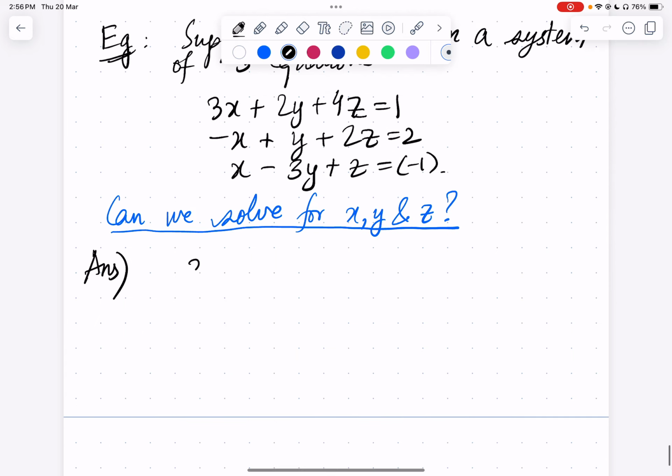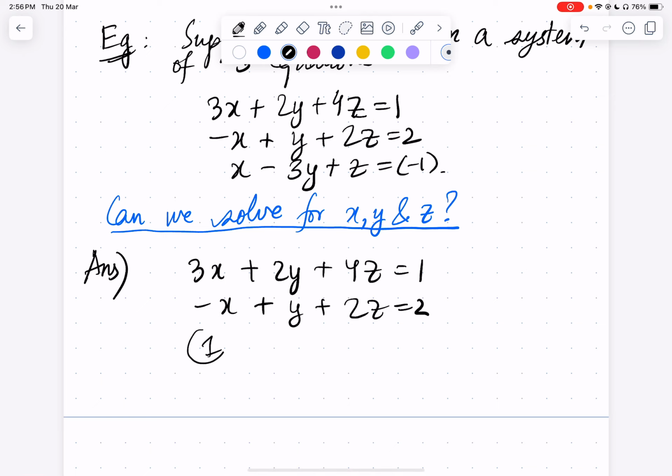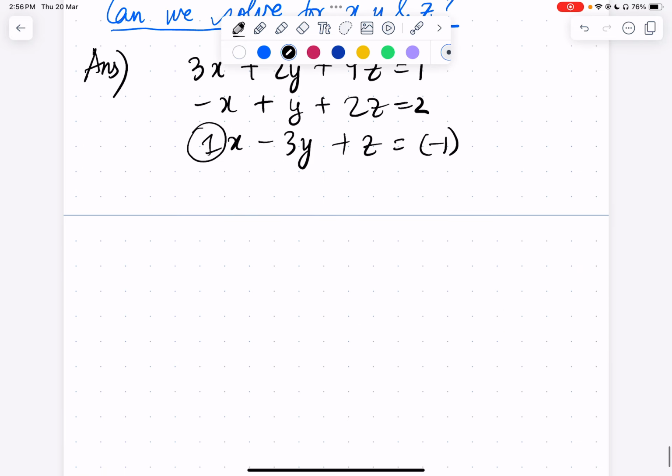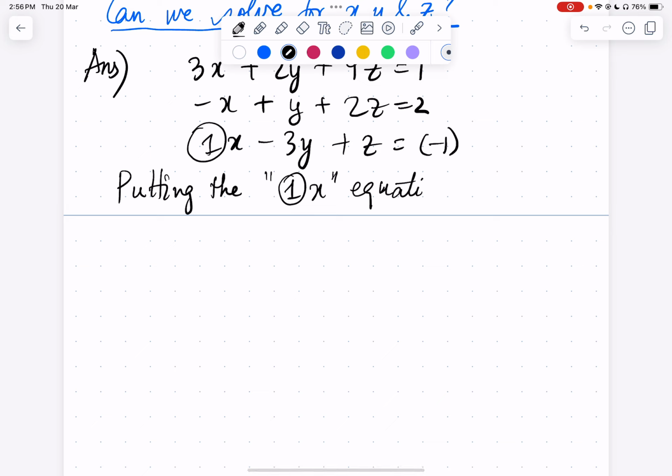So we have 3x plus 2y plus 4z equals 1, minus x plus y plus 2z equals 2, and here we have 1x minus 3y plus z equals minus 1. First we'll put the 1x equation at the top.